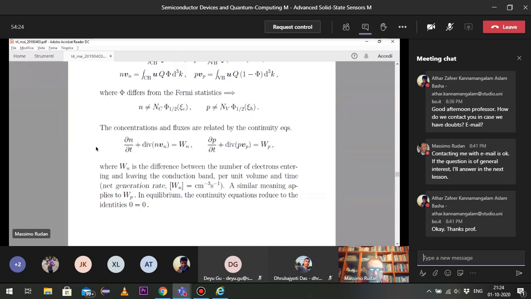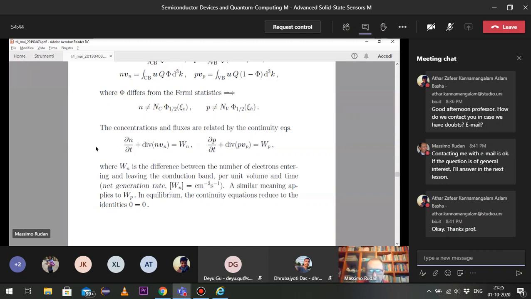Okay, so splitting the global continuity equation that comes from the Maxwell equations into two, for two separate populations of particles, implies the need of introducing the net generation rates.